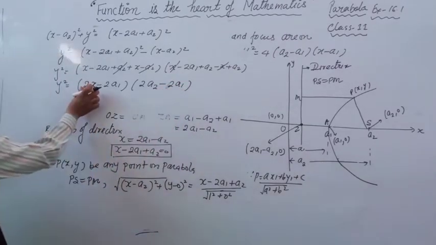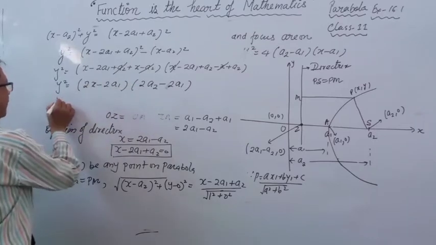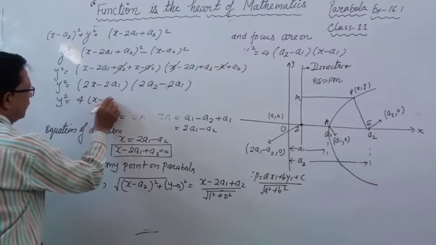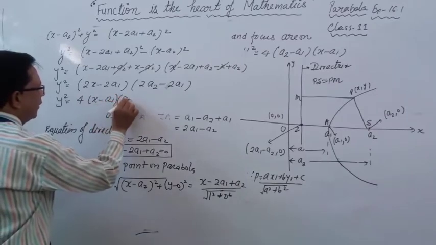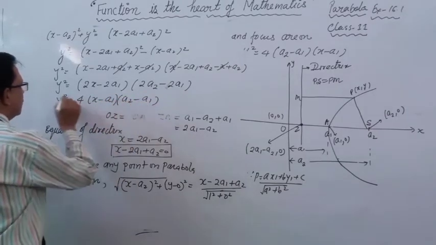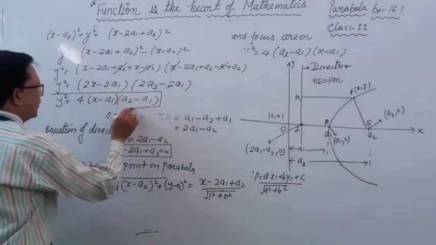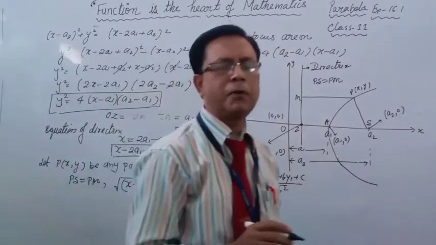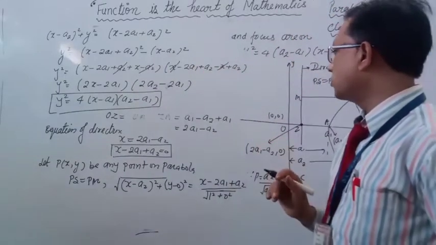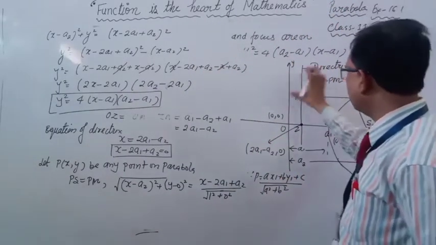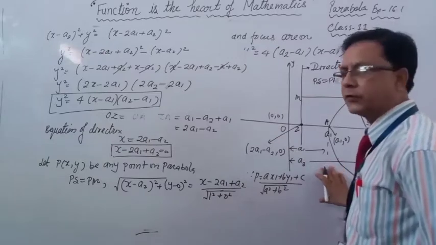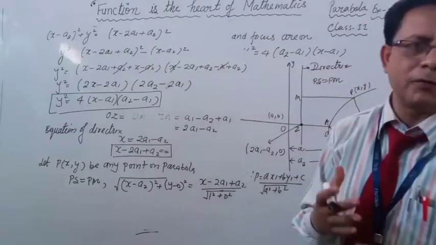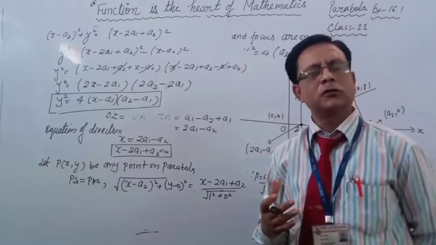Now taking 2 common from here, we get y square is equal to 4(x minus a1)(a2 minus a1). So student, this is your final answer and this is your required equation of the parabola. So note this question; the concept of the equation is important here, and all the questions are solved on the basis of the concept.